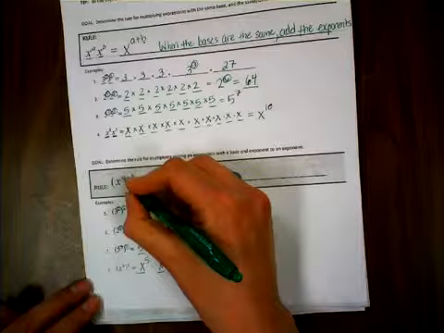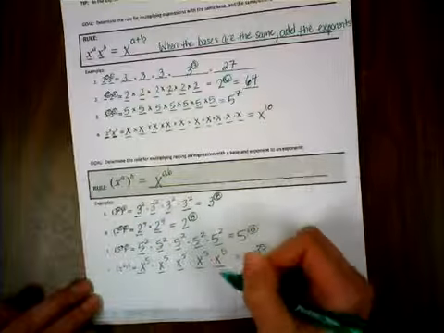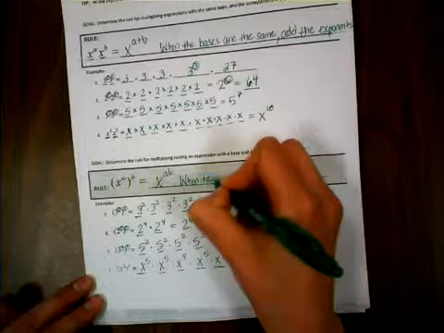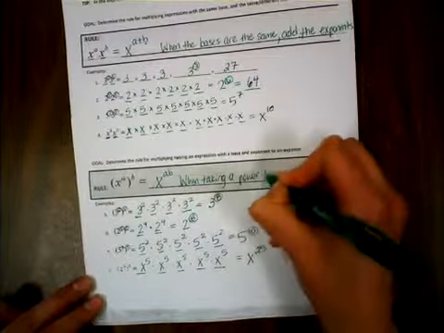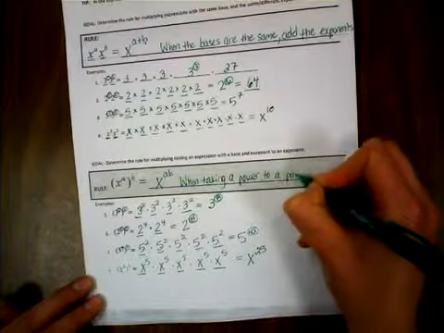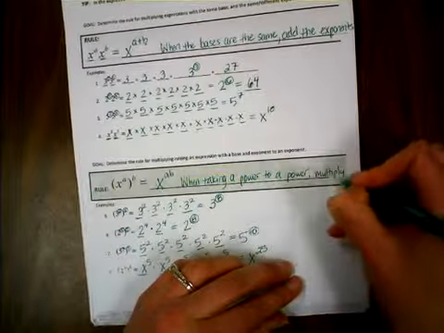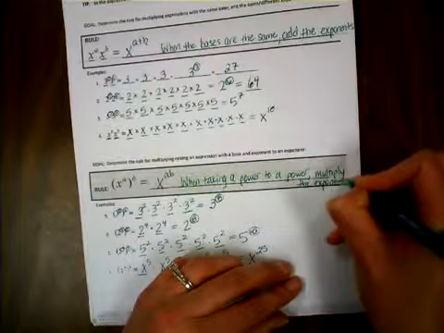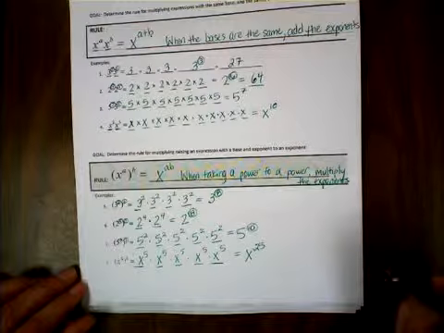So x to the a raised to the b power is the same as x to the ab. When taking a power to a power, multiply the exponents. So there's 2 new exponent rules for you. Good luck.